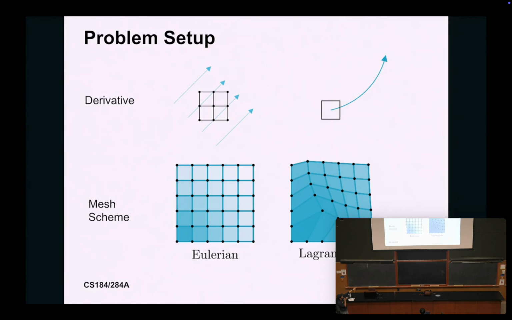And in the Lagrangian scheme, it would just push the cells outwards. I was trying to emulate the Sedov problem, which is literally a bomb exploding in the bottom left corner, which is also a common test problem.